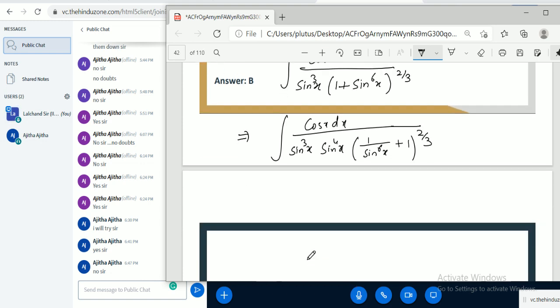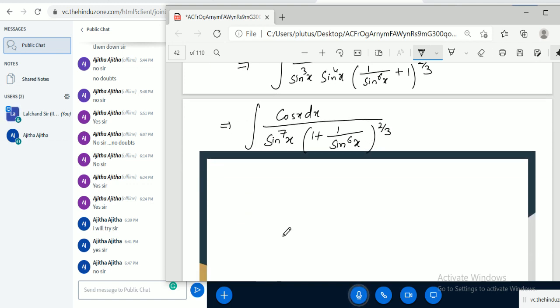Now, if we rearrange all these terms, then this integral will be cos x dx by sin to the power 7x times (1 plus 1 by sin to the power 6x) whole power 2 by 3.